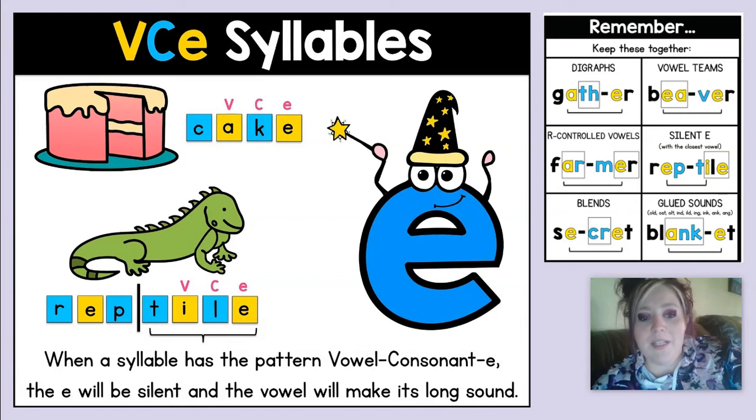So when a syllable has the pattern vowel, consonant, silent E, the E will be silent and the vowel will make its long sound. That has to stay together though. So sometimes you will see that in the middle of a word, but it'll usually be at the end. But remember, it has to stay together. So be looking for that part. So you're always looking for your vowels, and then you're going to divide it.